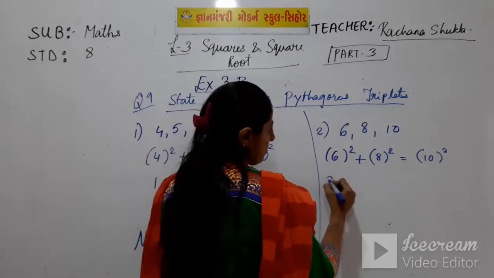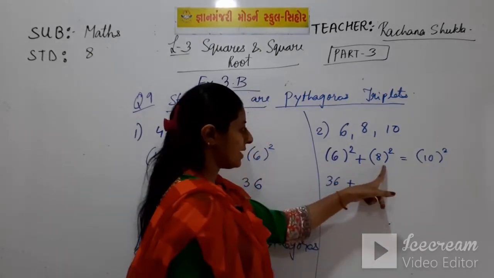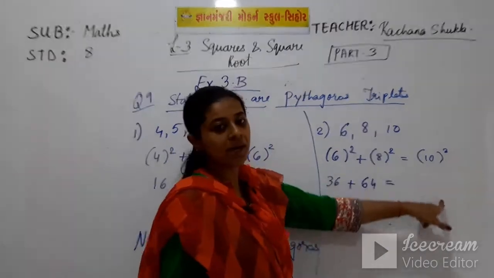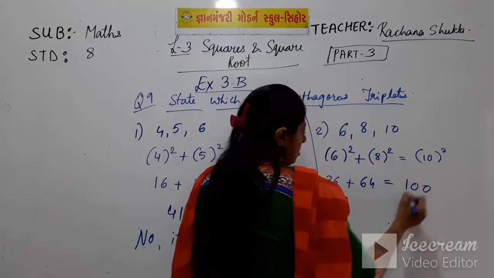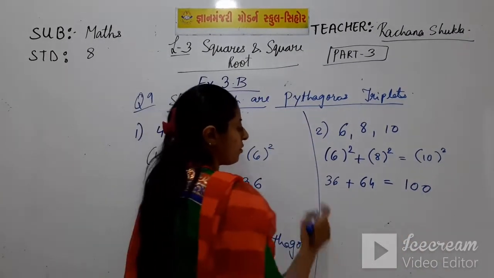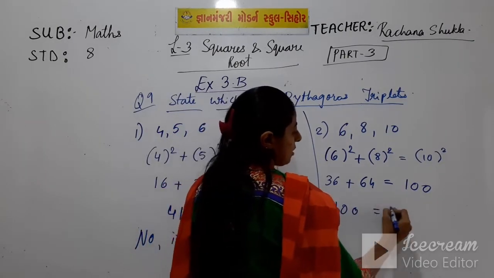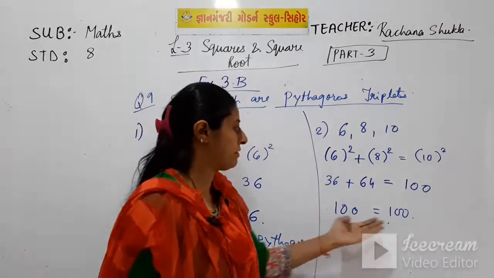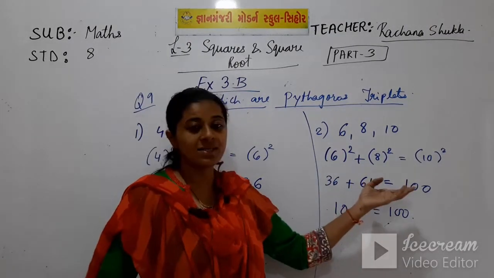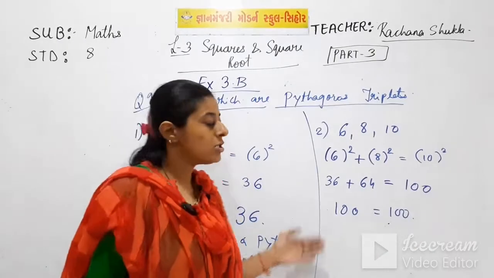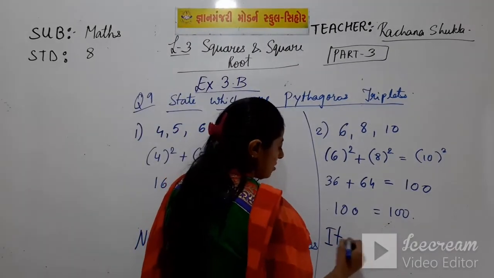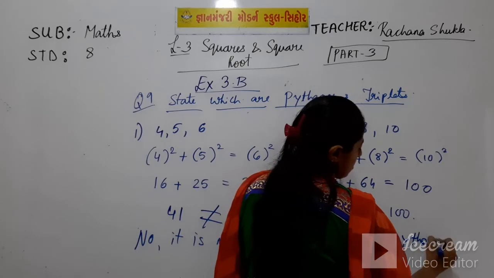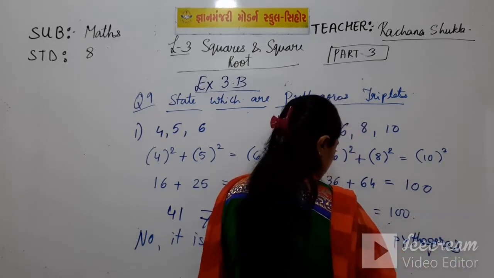It's 36. What is 8 square? It's 64. And what is 10 square? It's 100. So 36 plus 64 is 100, equal to 100. So we got both the answers as 100 and 100, LHS and RHS. So it is a Pythagoras triplet.